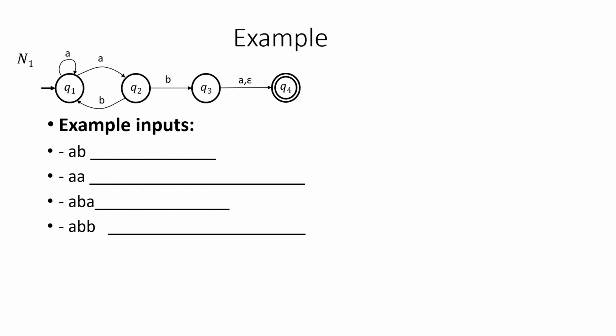Looking at AB, one of the possible routes that I can take is actually Q1 going to Q2 because that's A, then B. And then you're done, or so it seems, because you're in Q3 and you've eaten all of the letters, but you'll notice that because of the epsilon transition from Q3 to Q4, you can just go to Q4 without actually taking any letters.